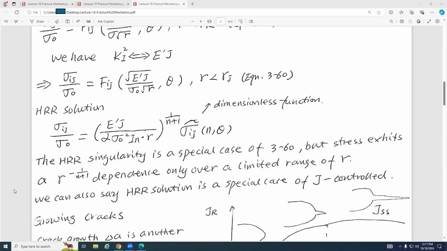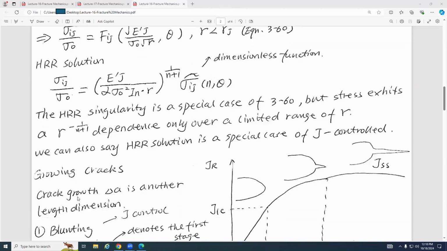But the stress exhibits R to the power minus 1 over n plus 1, because R is part of the denominator, hence the minus sign. This dependency holds only over a limited range of R. So we can say that the HRR solution is a special case of J control.